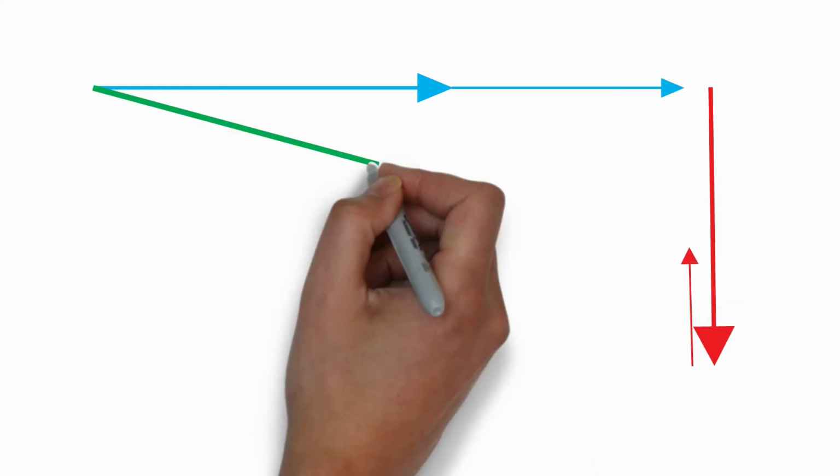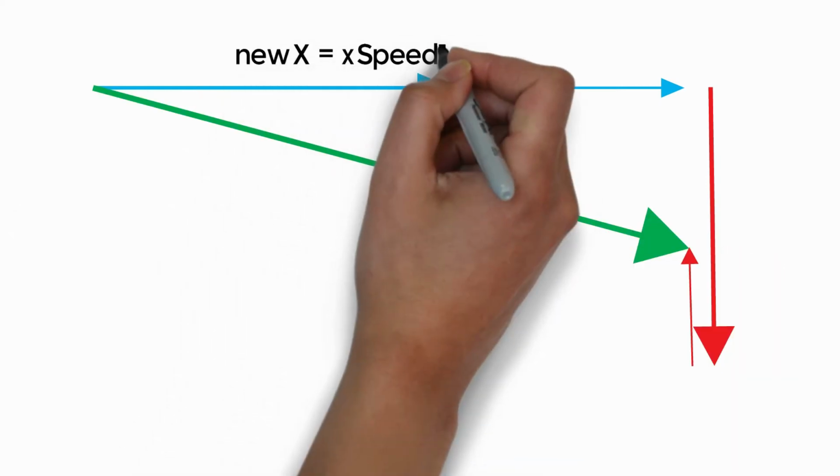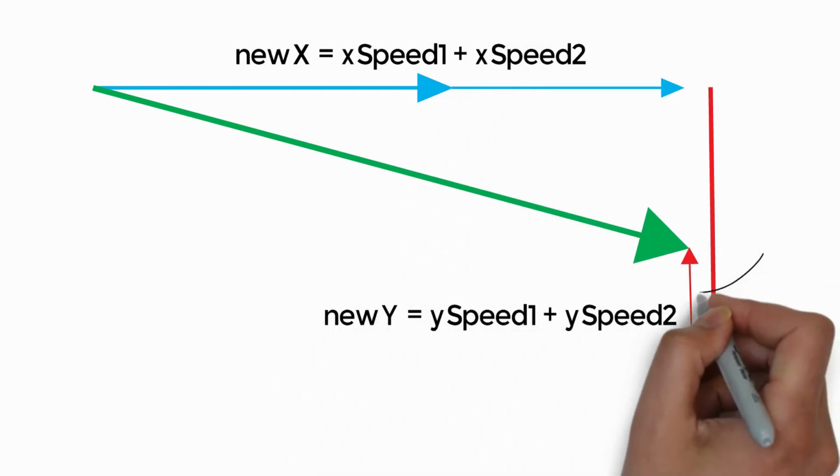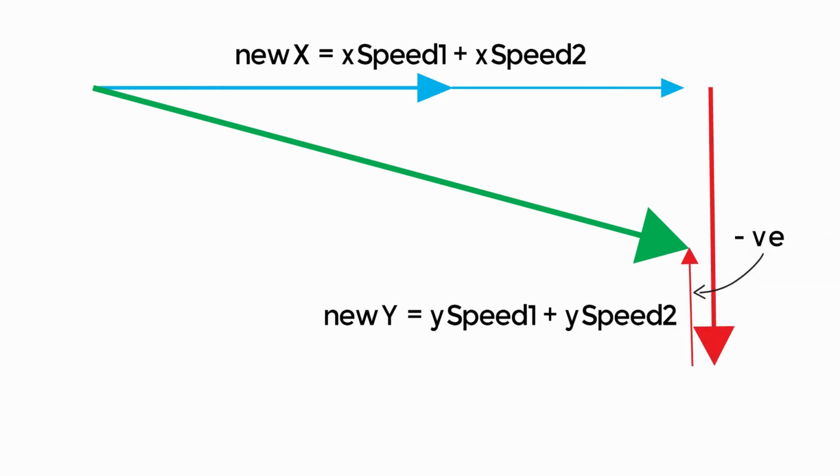This will give us the horizontal and vertical components of our new resultant velocity. In the example on screen, I've shown that our acceleration velocity created a negative vertical component. Remember, going up the screen is a negative velocity, so adding those together will reduce the resultant's vertical speed. All of this gives us our resultant velocity in terms of its x and y component velocities.